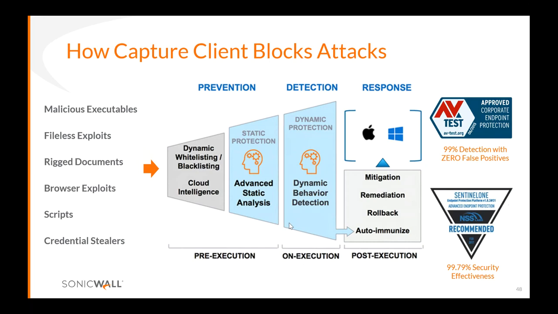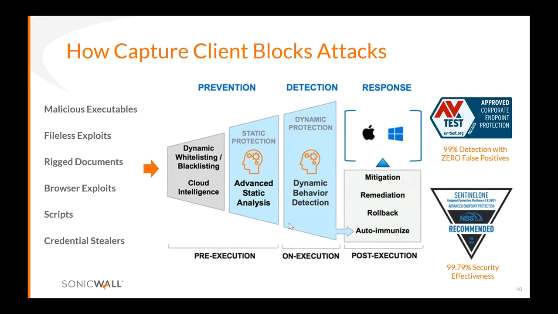And advanced rollback capabilities. The endpoint solution should have a strong response stage in the attack life cycle. So we have our rollback feature, which will remediate the damage from attacks on files and on the systems. So you don't need to worry about data loss due to ransomware attacks.